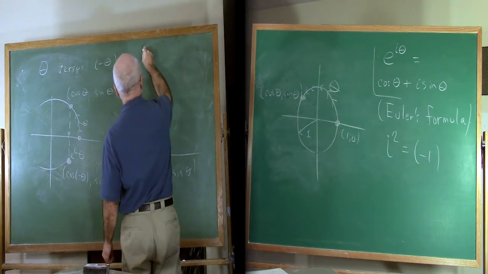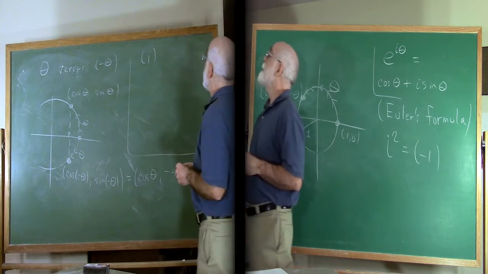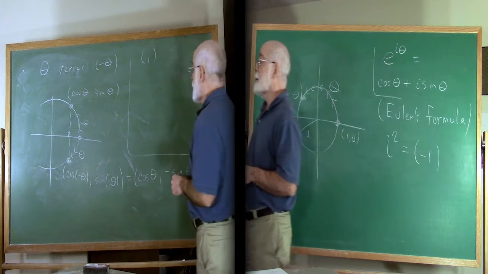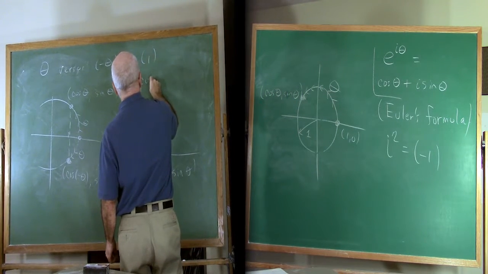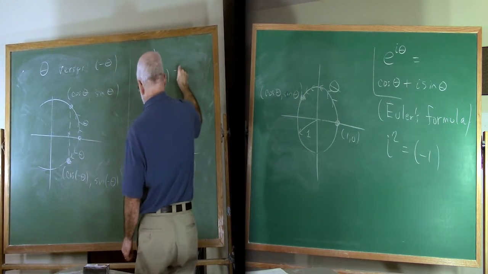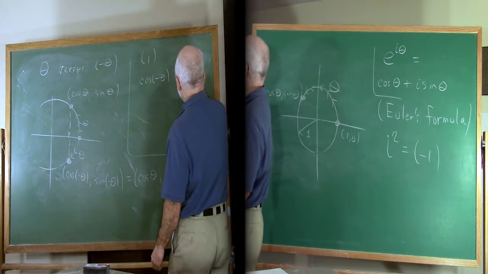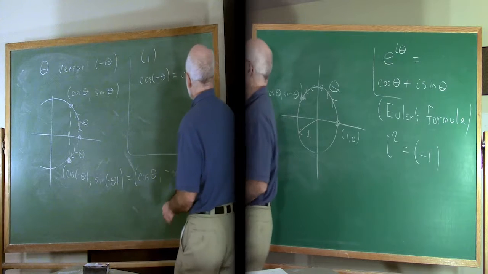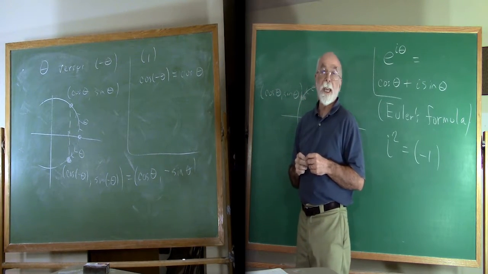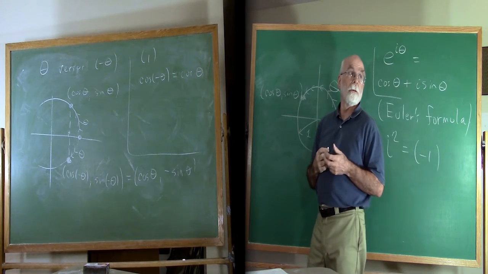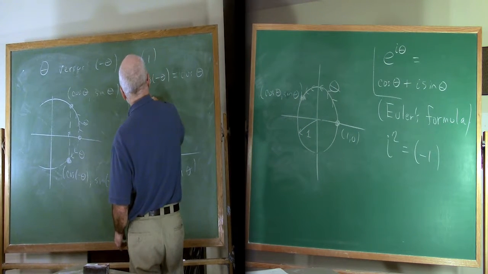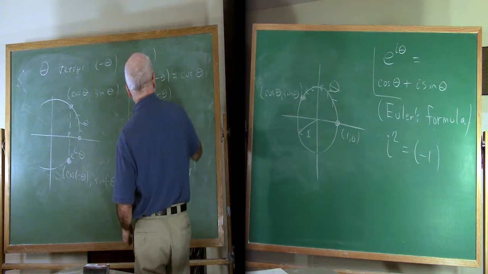Pulling out the cosines and sines separately, this will be formula number 1, property number 1. The cosine of negative theta appears to be cosine of theta. Negation changed nothing there. But the sign definitely got changed.